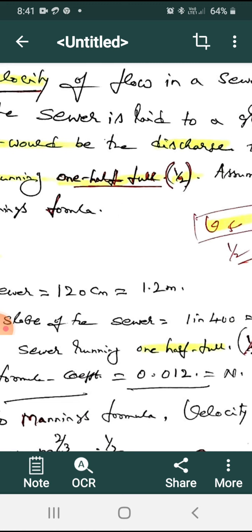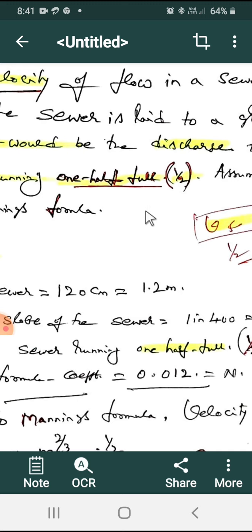Out of the 2 halves, 1 half full means it is 50%. That is half flow. Because in your syllabus, there are 2 conditions. One is full flow, when the sewer is running full, what will be the design? And then when the sewer is running with half flow, how to determine? Only half of the pipeline is flowing. Remember it. Now with respect to half flow, you have to design the pipeline.